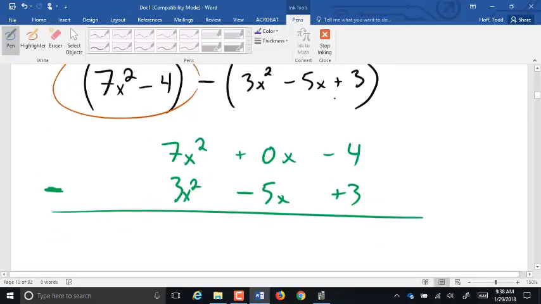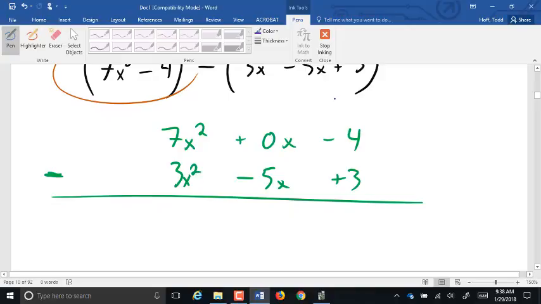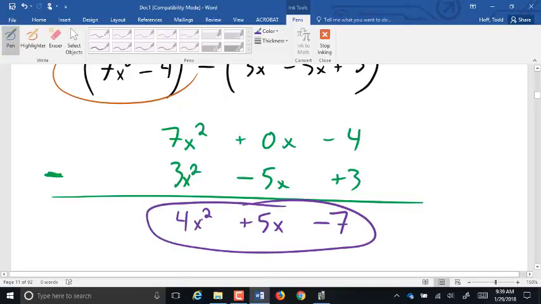Negative 4 minus 3 is negative 7. Now here's the tricky one. 0 minus a negative 5. Positive 5x. Good. And 7x squared minus 3x squared. 4x squared.